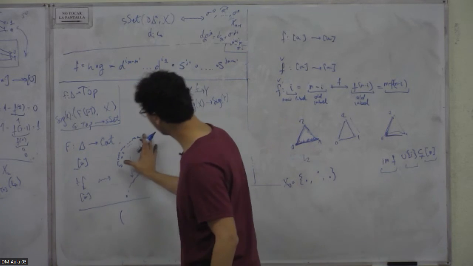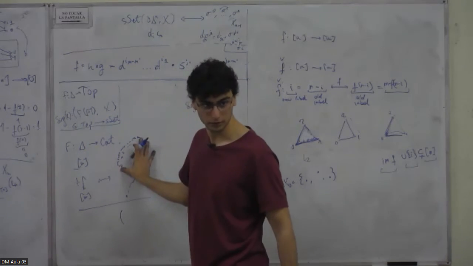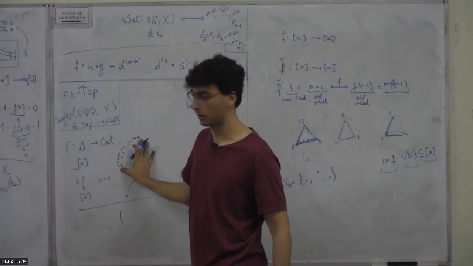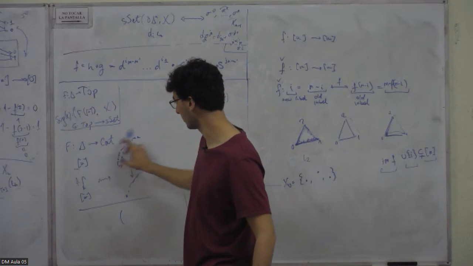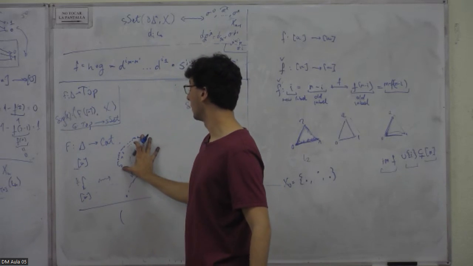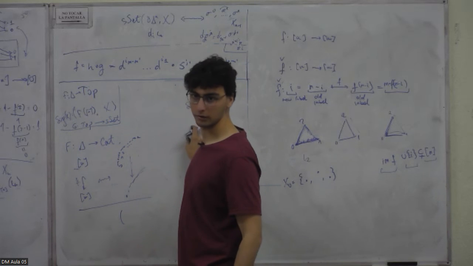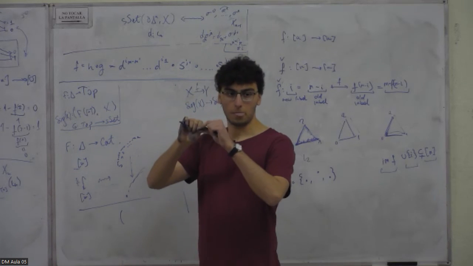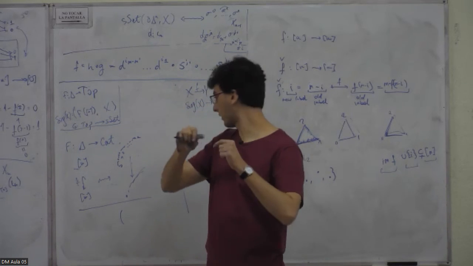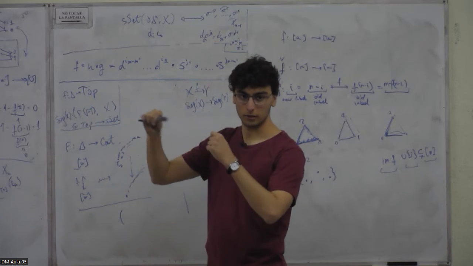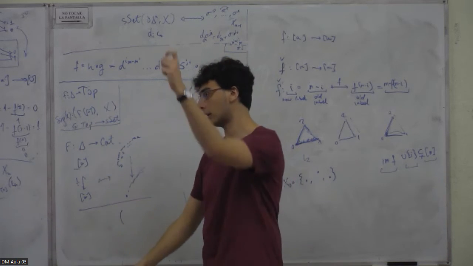So what does it mean to give a functor from this set, a morphism here, which is a functor from this category into another category? It means picking a chain of n composable arrows in the codomain category.